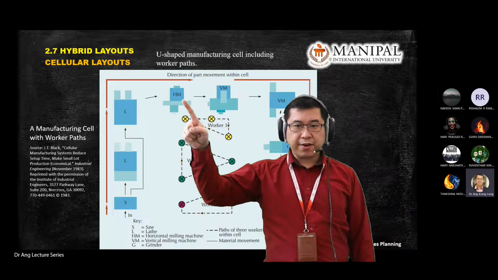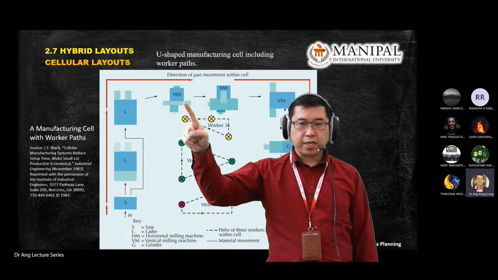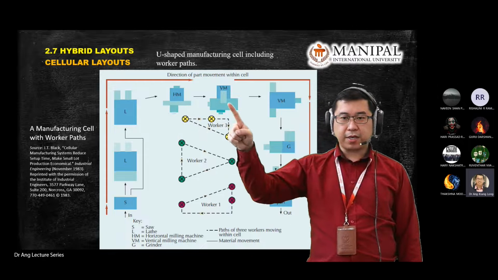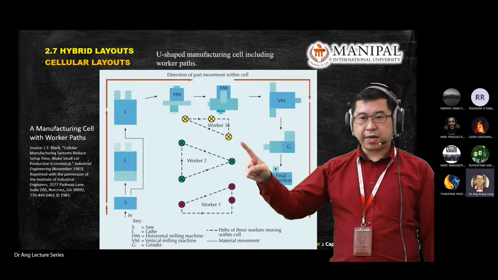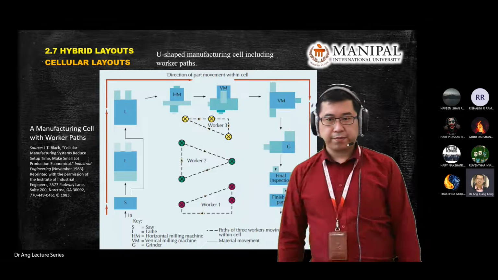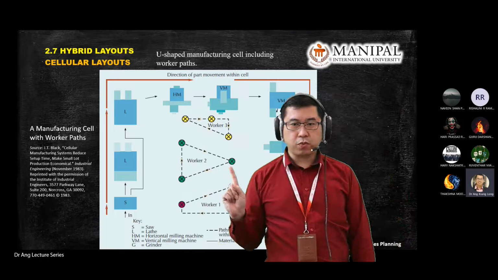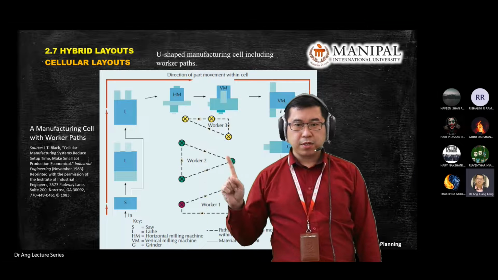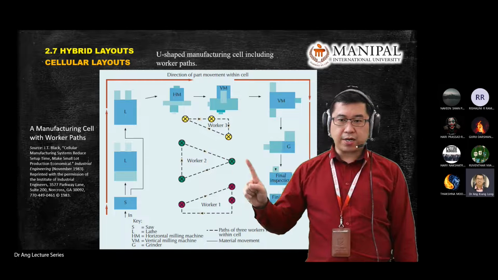Meaning you arrive at this station for your first shift, you work here, carry together with the parts, you work here, here, here, and then you go back. Worker number two, you work in a triangular shape also, in a clockwise direction.